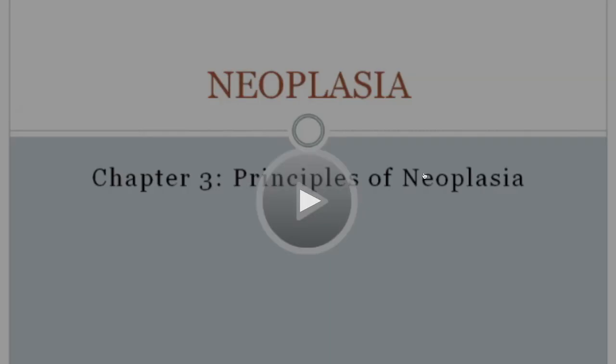Cell cycle regulators mediate progression through the cell cycle, e.g. cyclin and cyclin-dependent kinase. So cyclins and cyclin-dependent kinases, or CDKs, form a complex which phosphorylates proteins that drive the cell through the cell cycle.